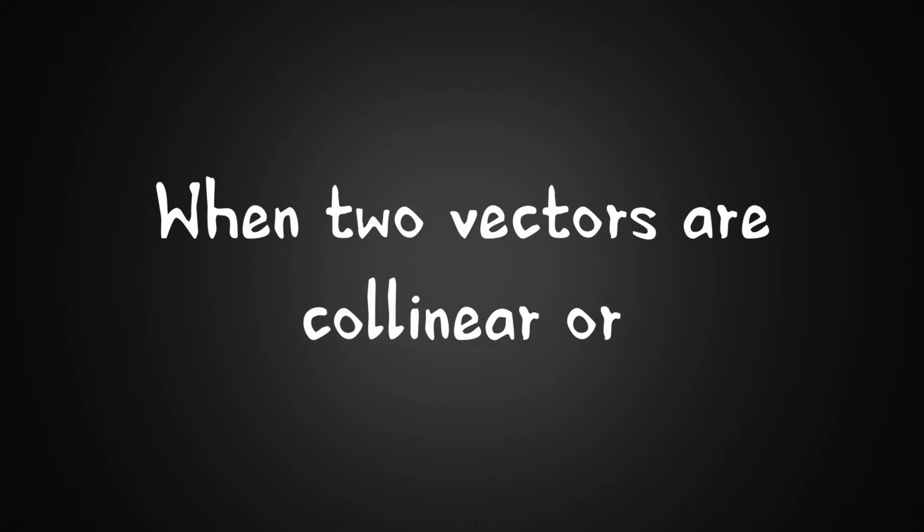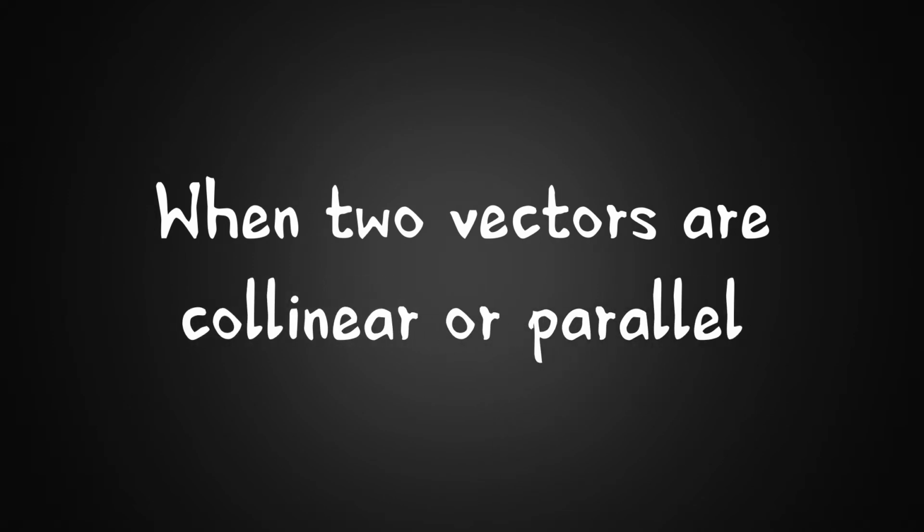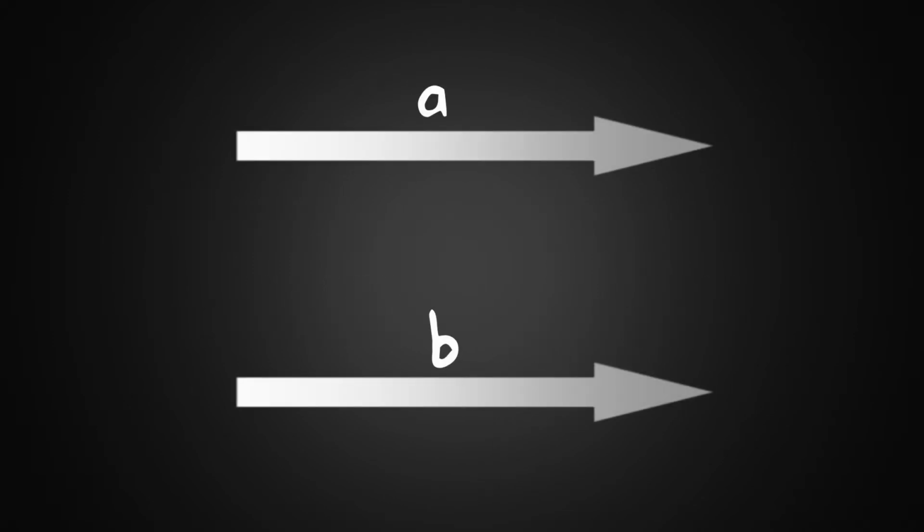If we consider the first case, when the two vectors are collinear or parallel, this is similar to normal addition. If the two vectors A and B are in the same direction, then A plus B means the numeric addition itself.